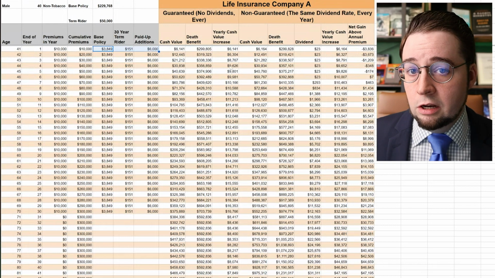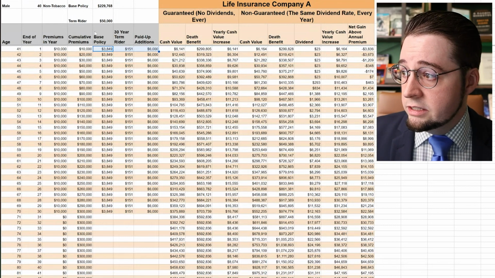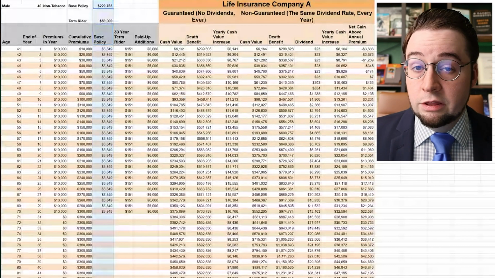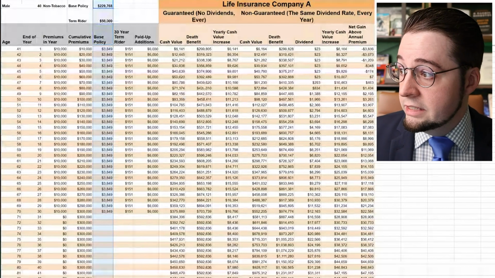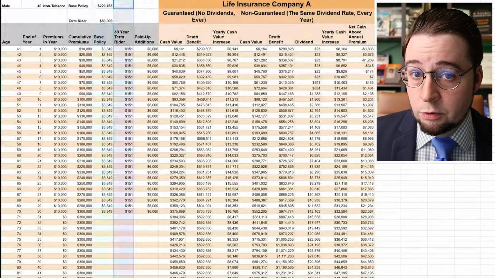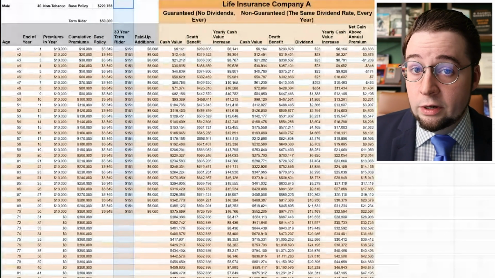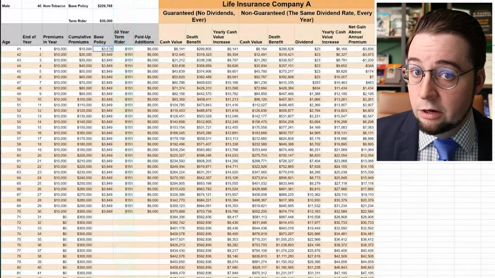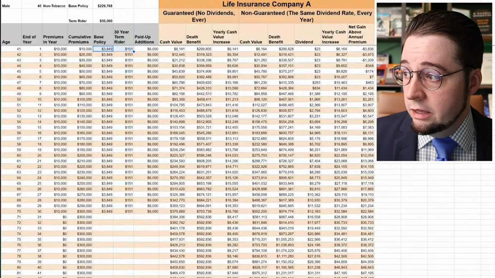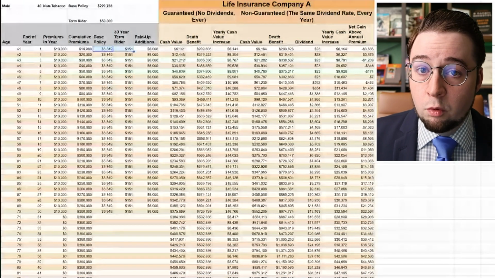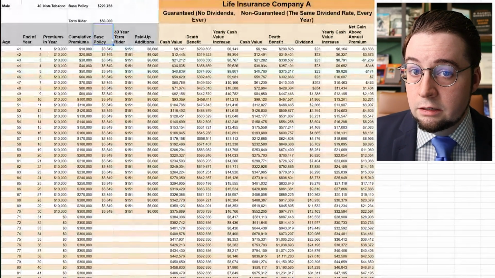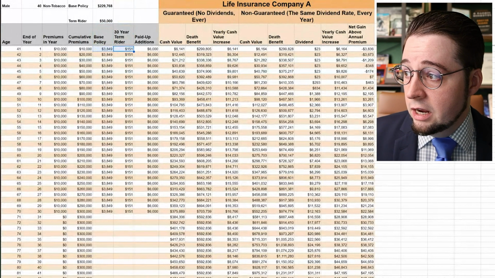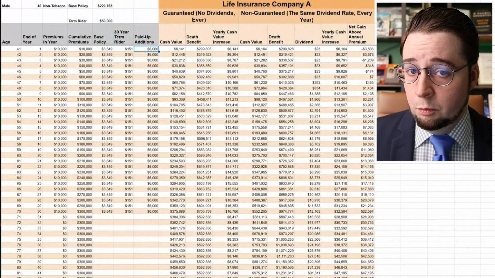The $10,000 in each year is comprised of 3 components. The base policy, which in this example is $3,849 per year. The 30-year level premium term rider, which in this example is $151 per year. Those two add up to $4,000. Just to make this simple, we're assuming that these add up to $4,000, so that's 40% of the total premium.